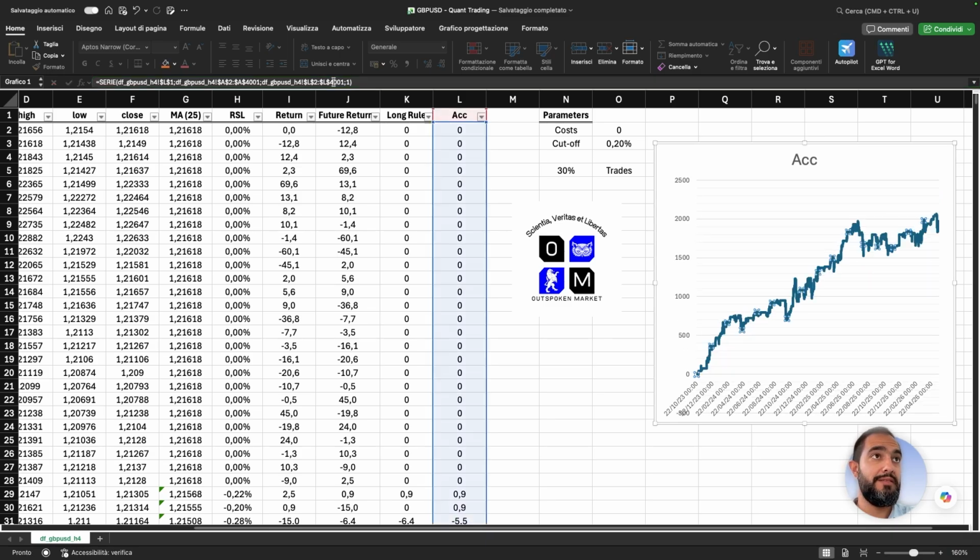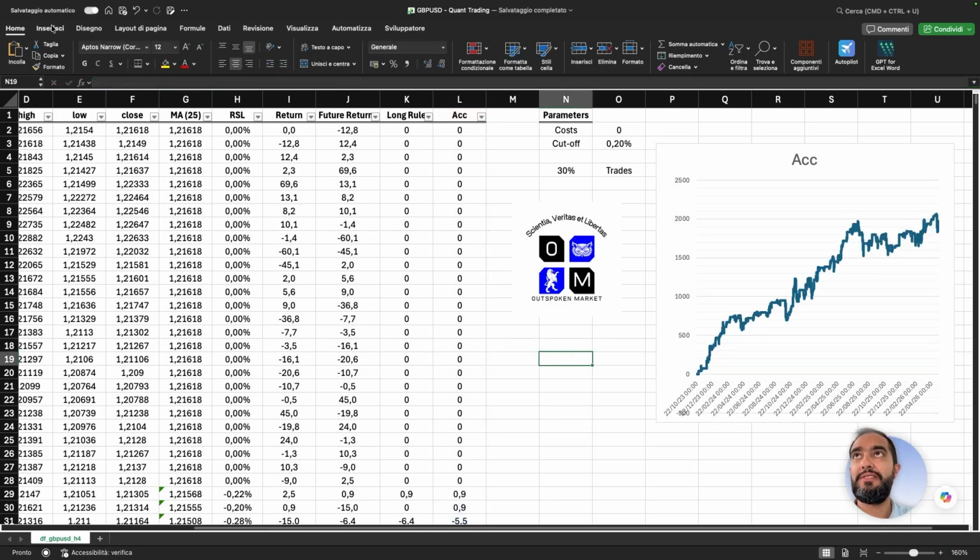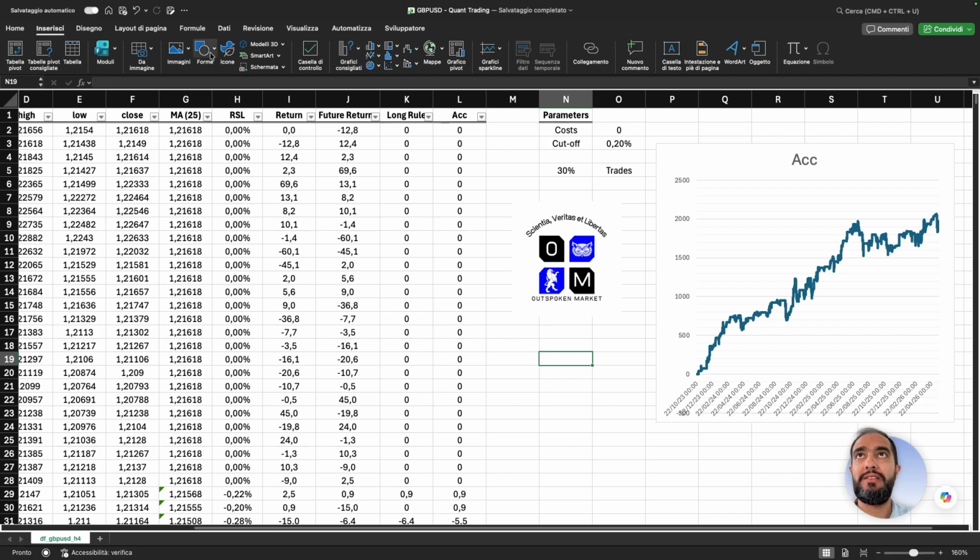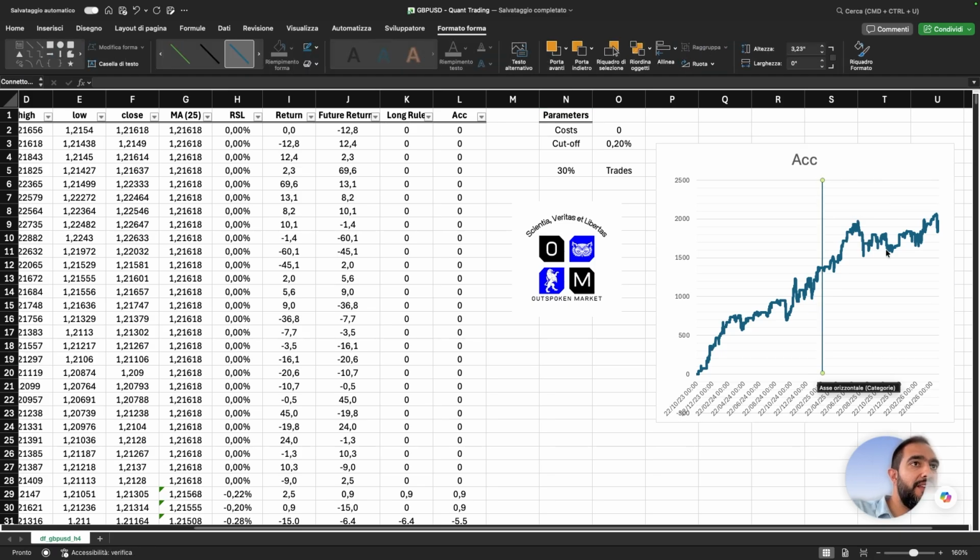Well, let's see. Amazing, isn't it? So half of our database was around here, and we are still profitable in the rest of the database. It's pretty cool.